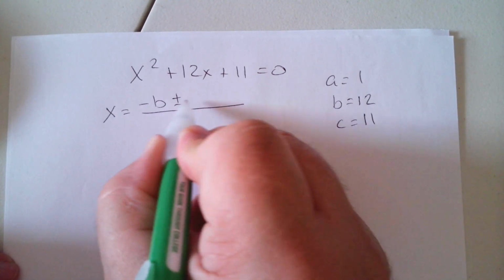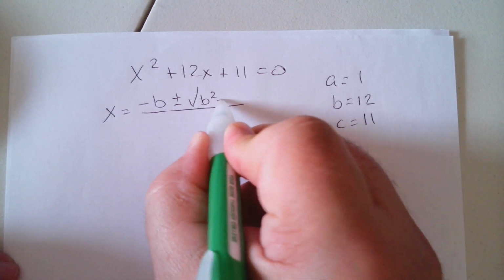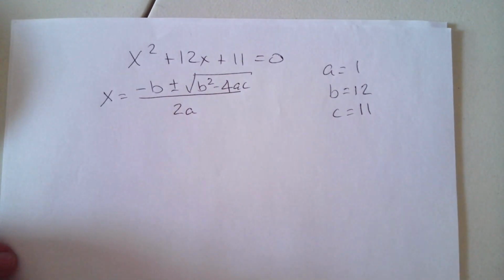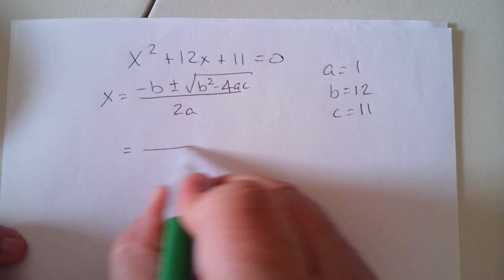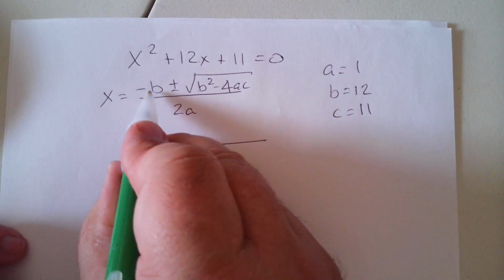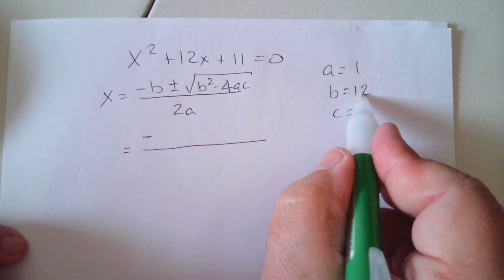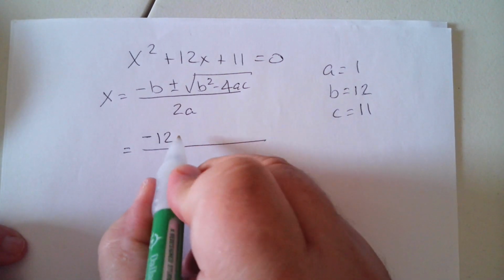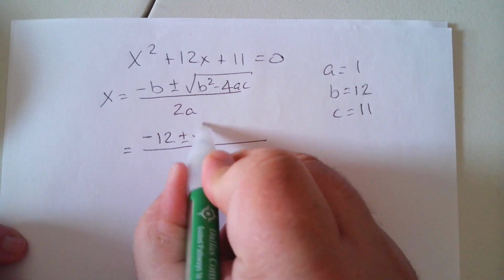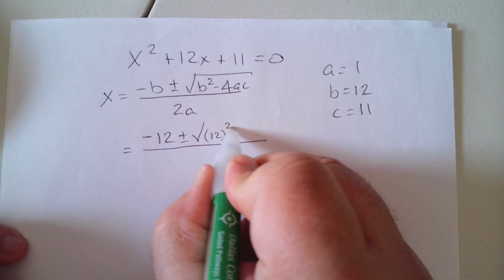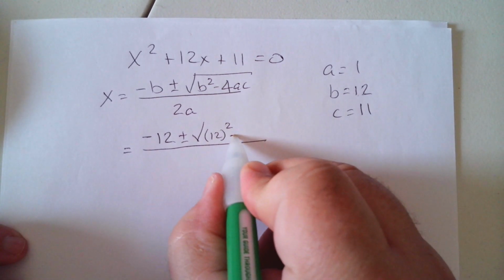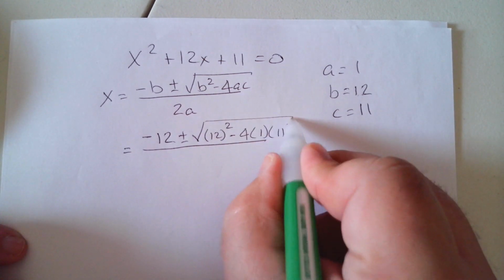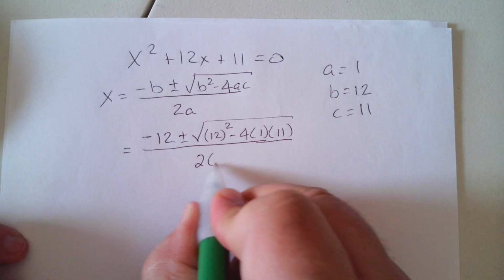So negative b plus or minus the square root of b squared minus 4ac. So you have negative, what's b? B is 12. If it was a negative, I'd put parentheses around it. 12 squared, minus 4 times 1 times 11, over 2 times 1.